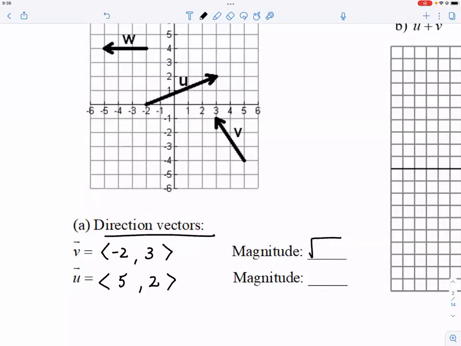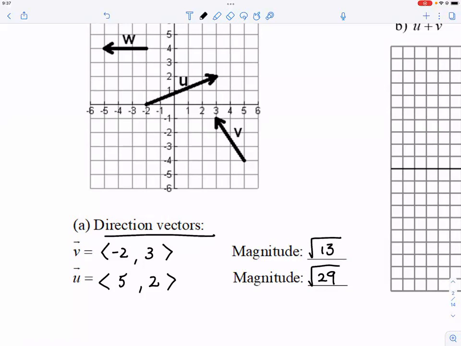So for this one, vector V, the magnitude is going to be square root of -2 squared plus 3 squared. So it'll be square root of 13. Okay, so simple Pythagorean theorem to find out the magnitude here.